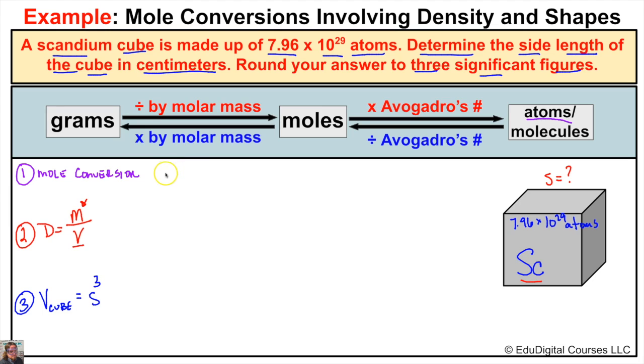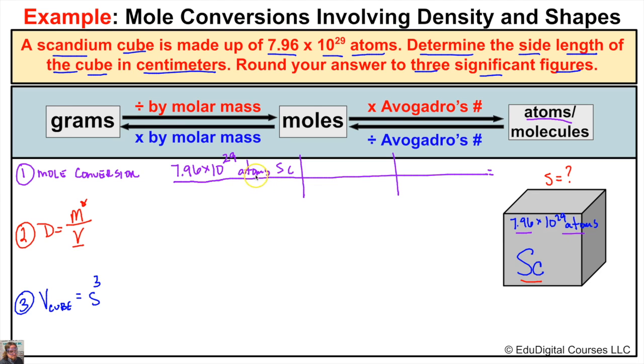In step 1, we are going to determine the mass of this cube. We can figure out the mass of this cube by taking the amount of atoms that we're starting with, 7.96 times 10 to the 29th atoms of scandium. And what we want to do with this is figure out the number of grams, or the mass, of this cube of scandium.